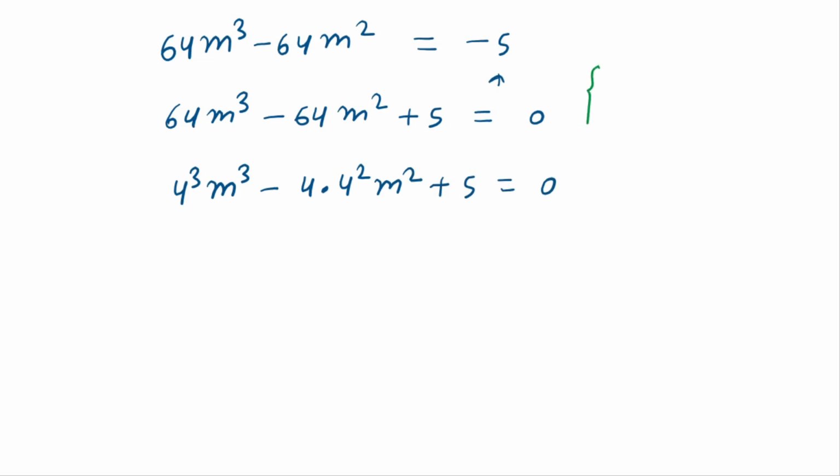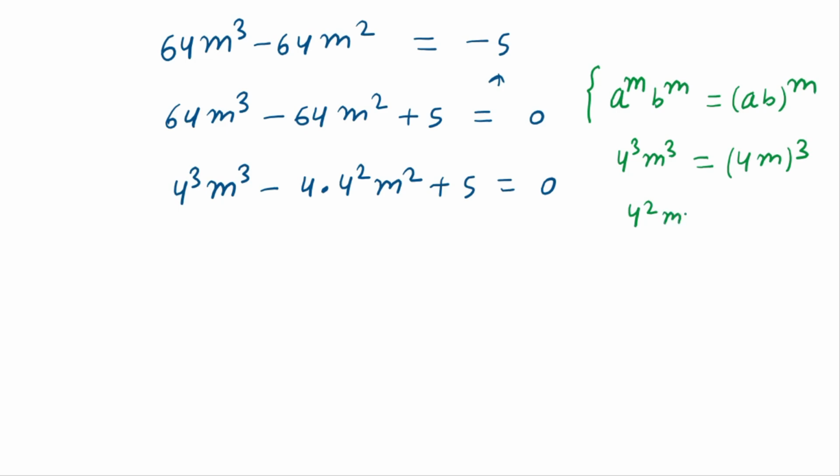Here we will apply this rule: a power m times b power m equals (ab) bracket power m. If we apply this rule, then this expression 4 power 3 m power 3 equals (4m) bracket power 3, and 4 power 2 m power 2 equals (4m) bracket power 2.